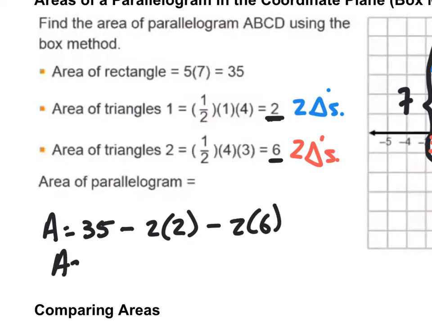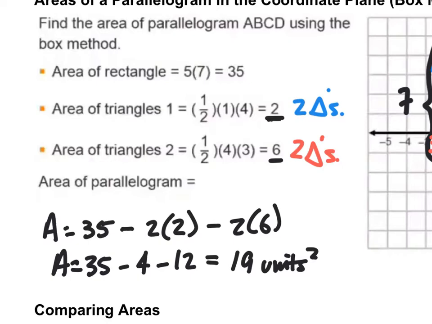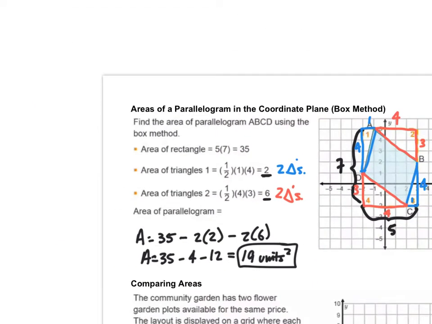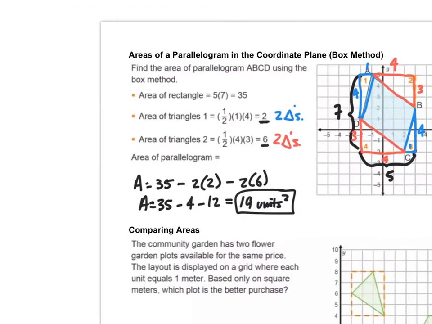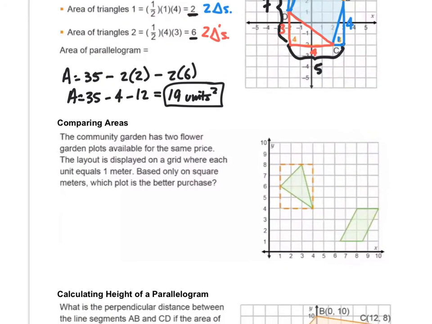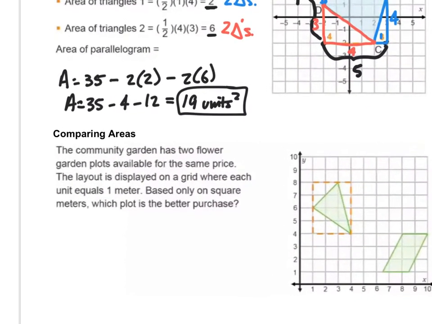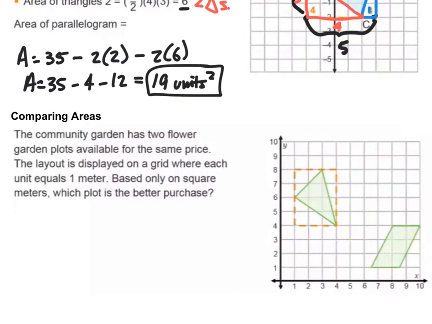So my area here is going to be 35 minus 4 minus 12. 35 minus 4 is 31, and then minus another 12 is going to give me 19. So the area of my parallelogram is 19 units squared. It's all a matter of figuring out which method works for you and which one you like the best.